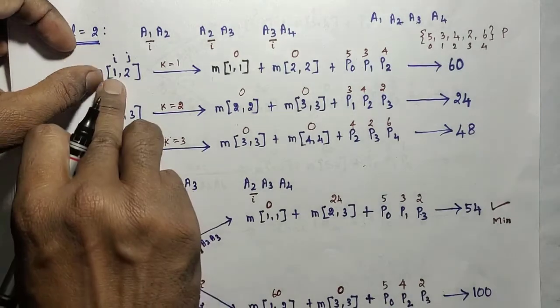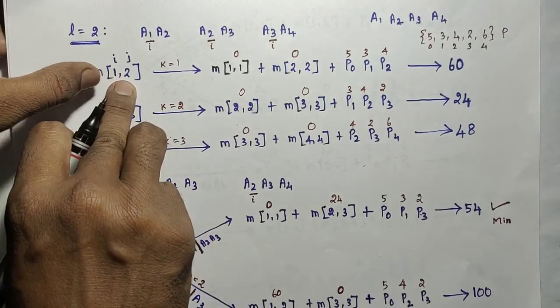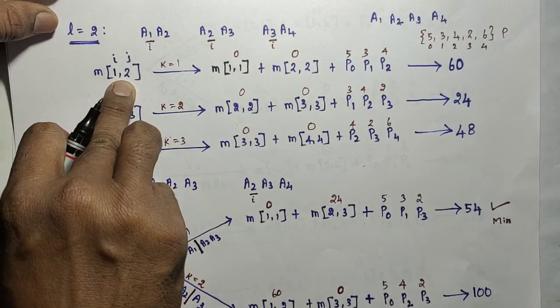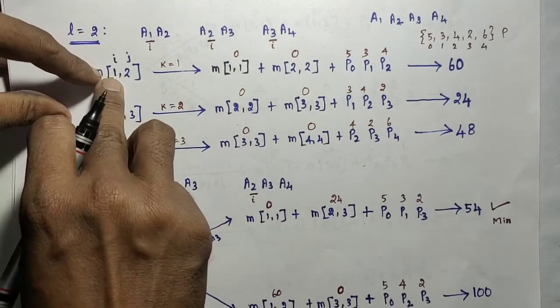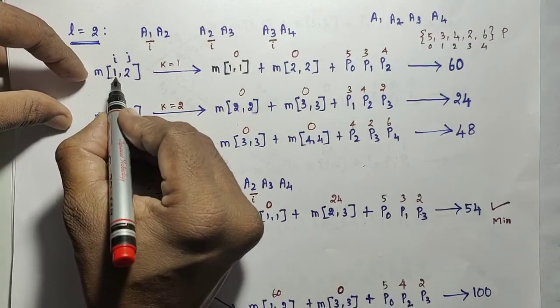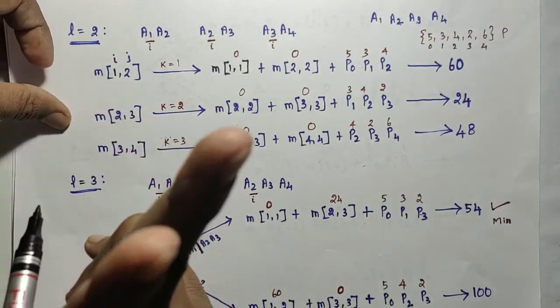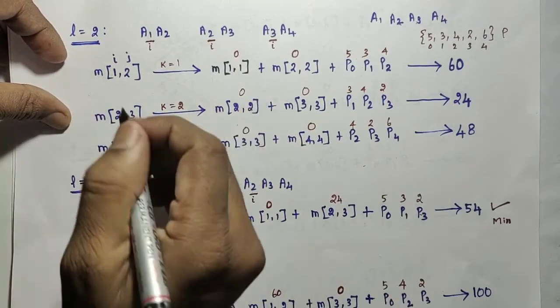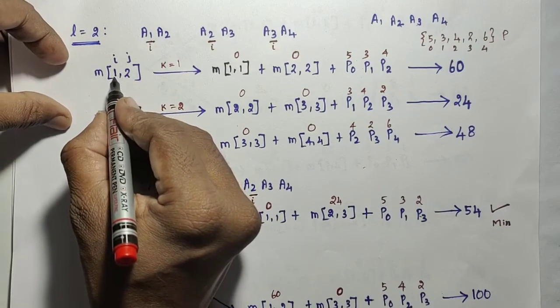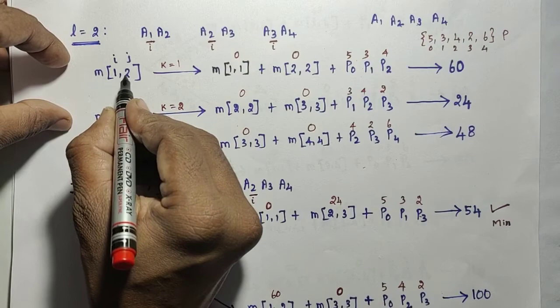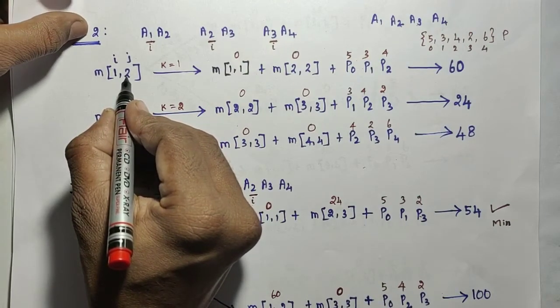When i is pointing to that one, the corresponding j value is what we are finding for length equal to 2. Length equal to 2 means the number of matrices between 1 and 2 is only 2 matrices. So we can easily find the end index j. The difference between i and j must be only 1, because length equals 2.